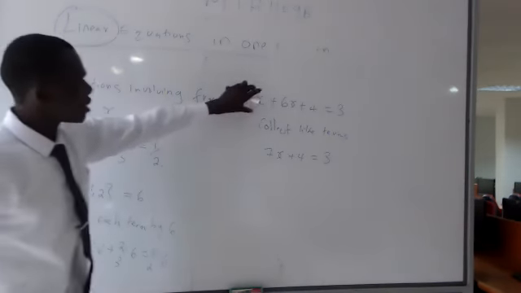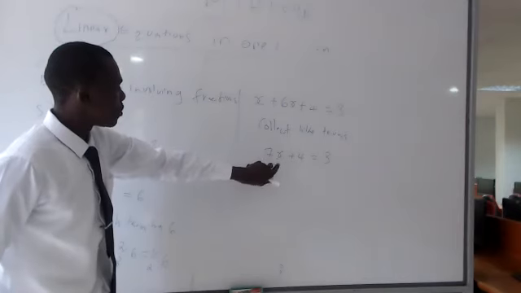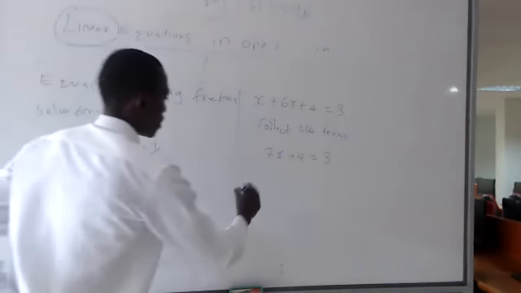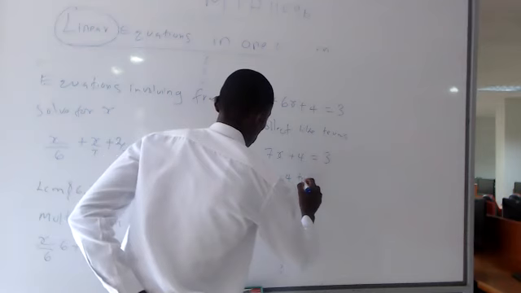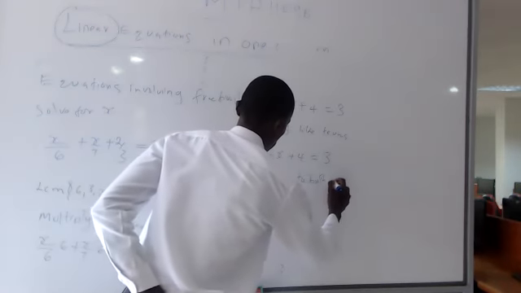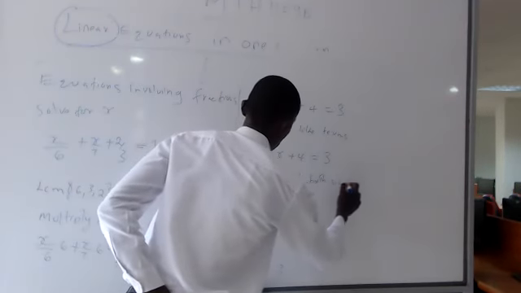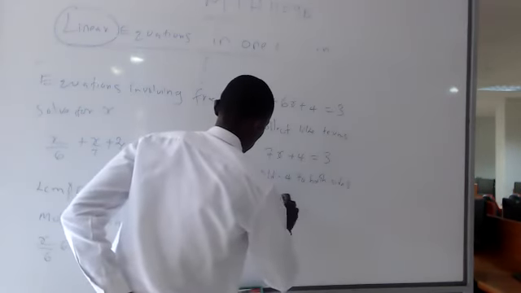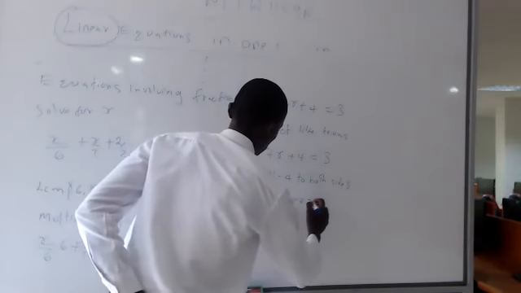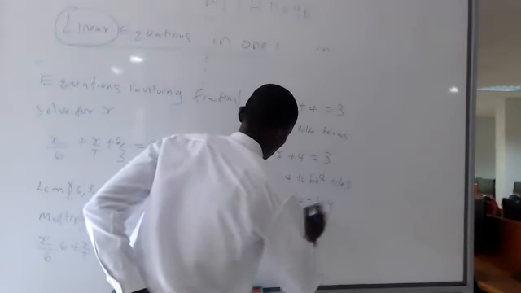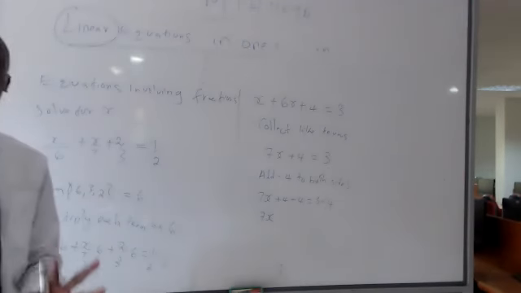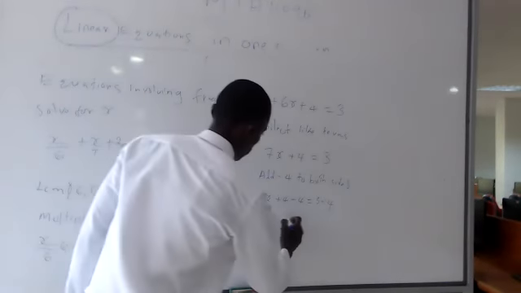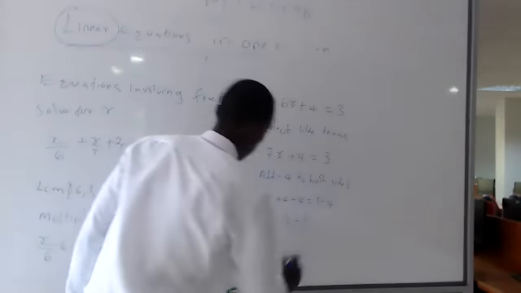You've just collected like terms, x and 6x, so combine them to 7x, and then add -4 to both sides. 7x plus 4 minus 4 is 3 minus 4. So 4 minus 4 is 0, additive identity. It must be 3 minus 4, which is -1.